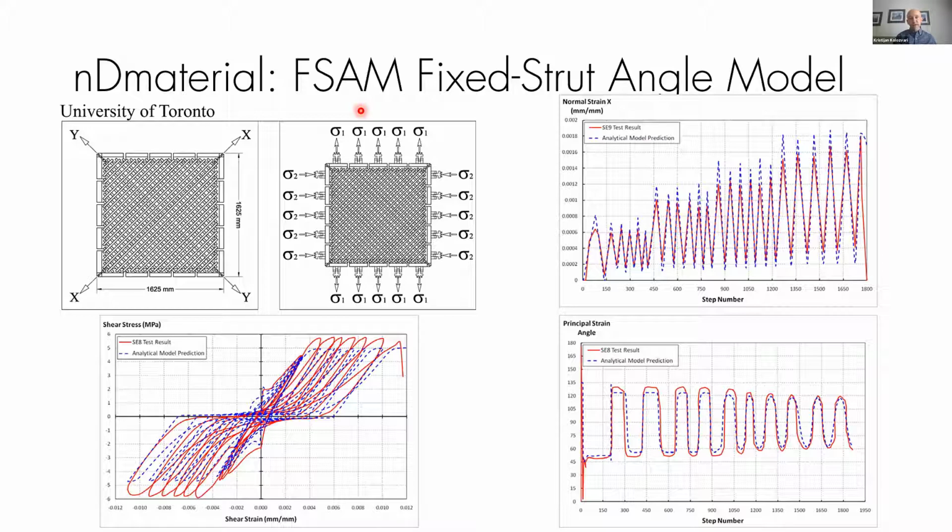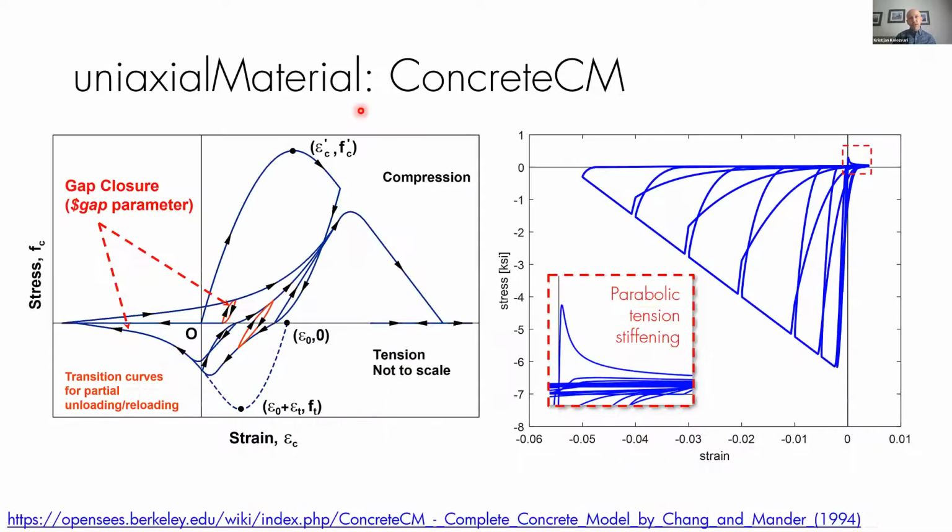And moving on to the uniaxial concrete material, this is a Cheng and Mander formulation, but OpenSees at the time didn't have a full formulation implemented. What's specific for this material model is that it's very detailed.